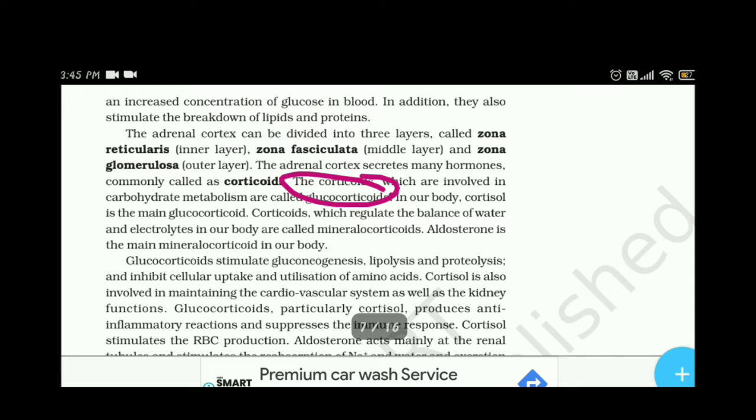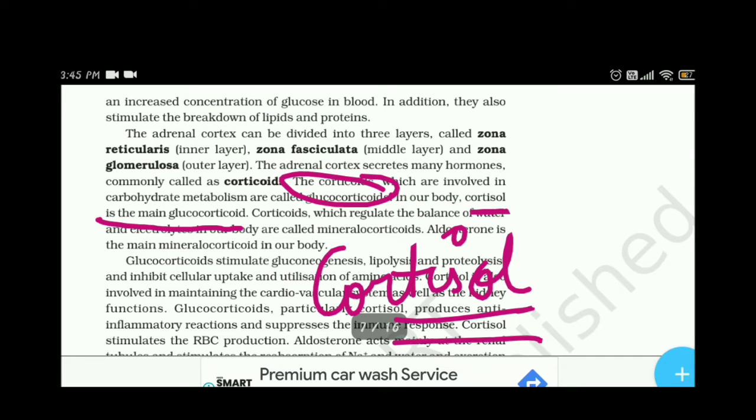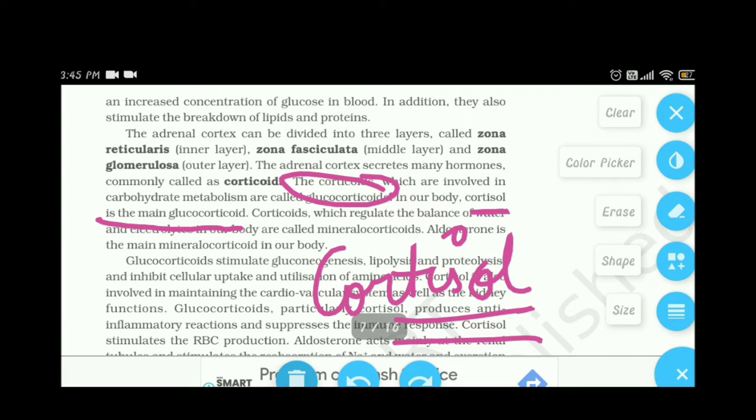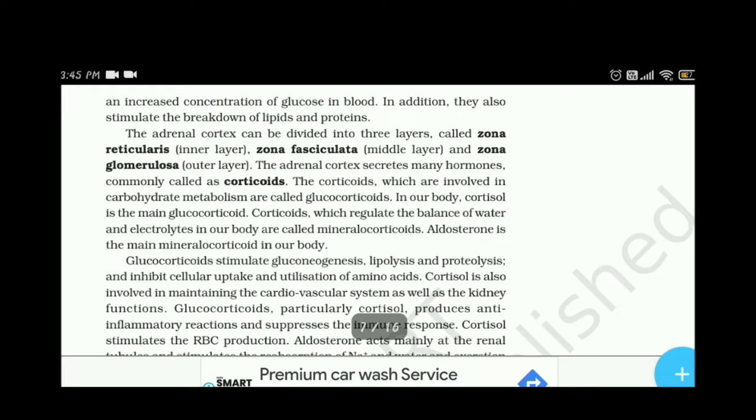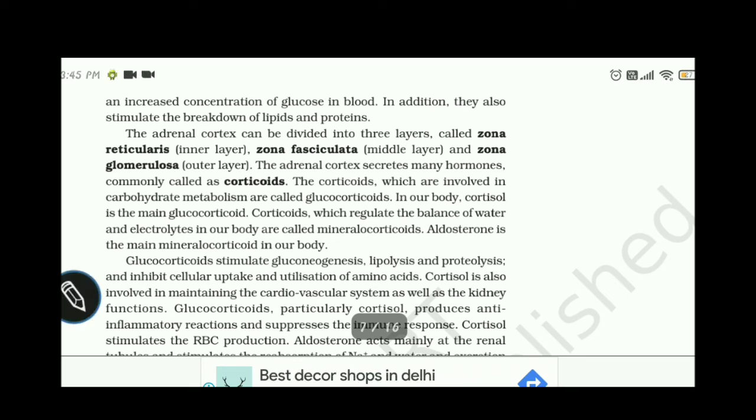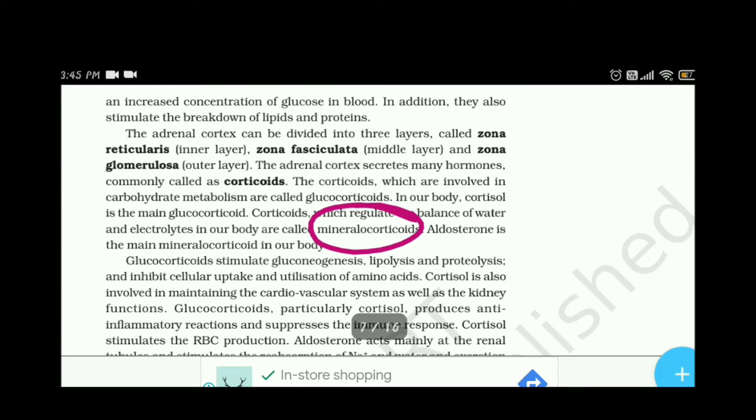Cortisol is the main glucocorticoid which we have in our body. Corticoids also help in regulating the balance of water and electrolytes in our body, and hence they are called mineralocorticoids.